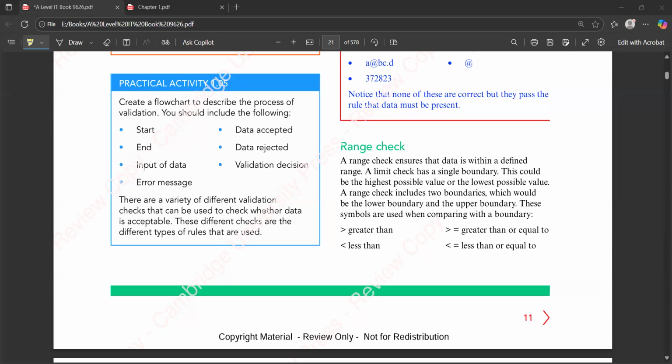Grade 9, 14. Yeah, so if someone enters 50, is it sensible? No, that's why we need a range check. Or if I say your computer science exam is of 75 marks, what is your range? Your range is from 1 to 75, right?